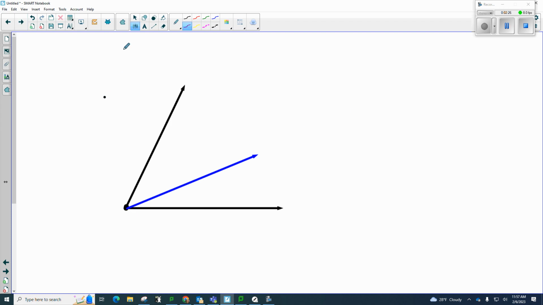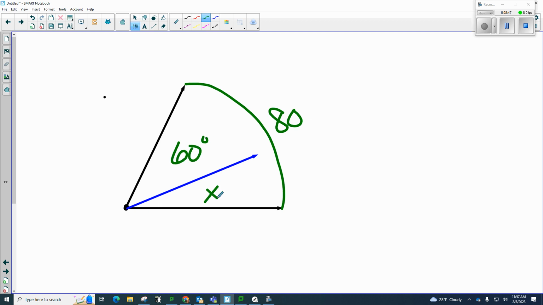Now sometimes we have the problem a little bit different, and they might tell you this whole big angle is 80 degrees, and then this angle here is 60 degrees.